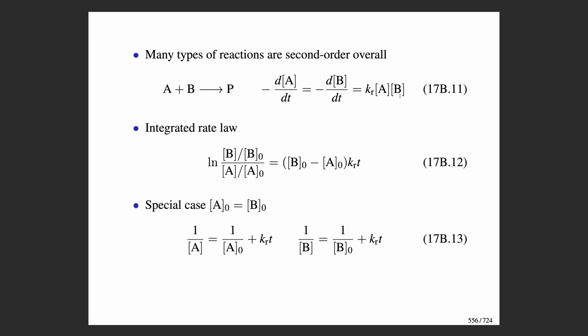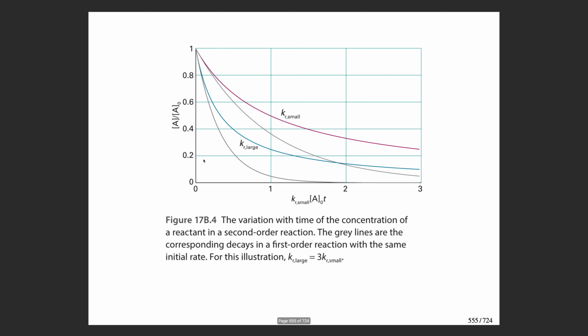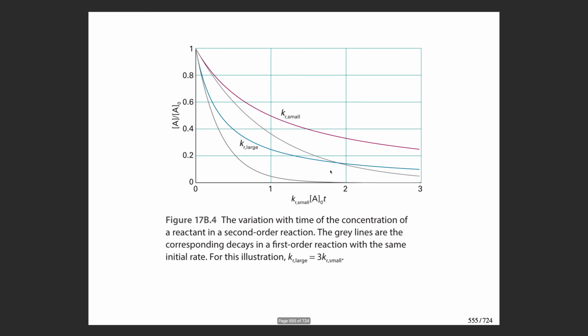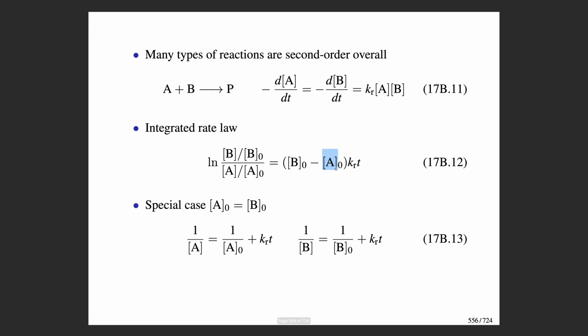You see that it's first order in species A, first order in species B. If you add those orders together, it would be second order overall. I won't derive it, but here is the integrated rate law for that case where you can vary the initial concentrations of A and B independently. There's a special case when the two concentrations are the same and the equation separates into two second order equations.